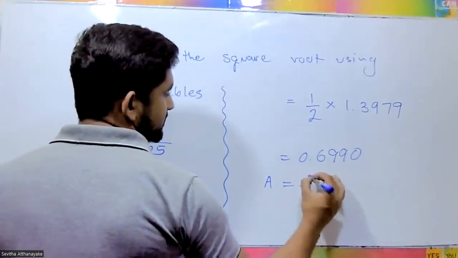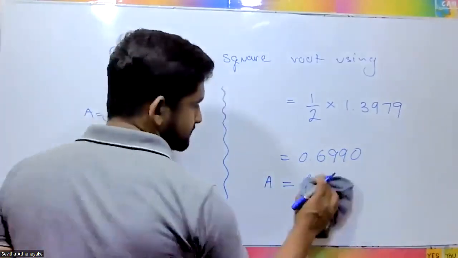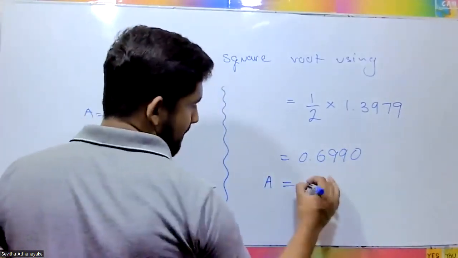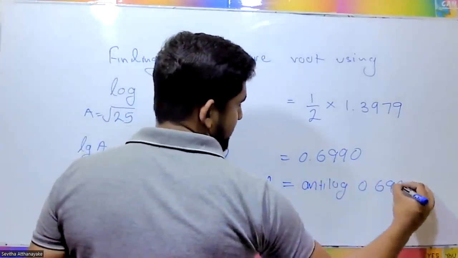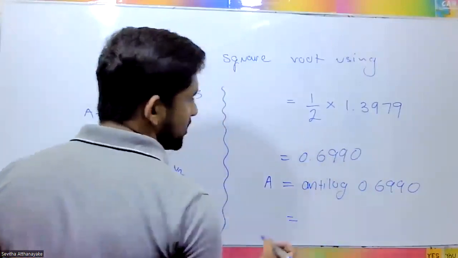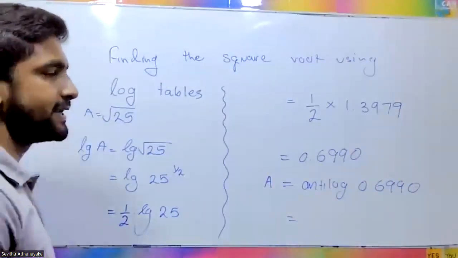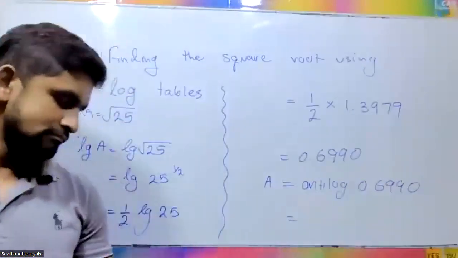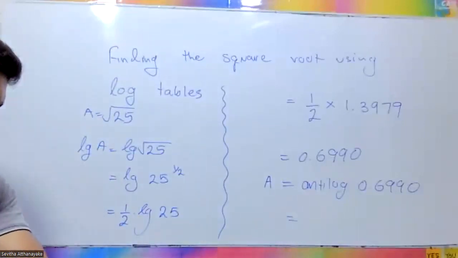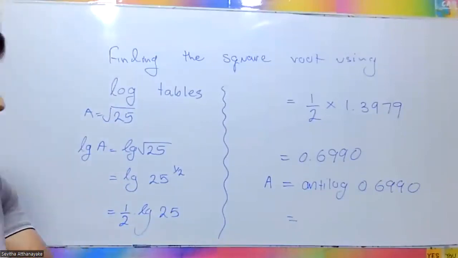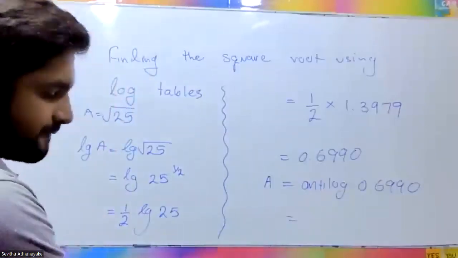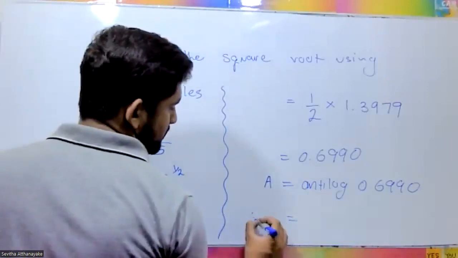Then a equals to antilog 0.6990. Find the value of antilog 0.6990. When you find the antilog value, it will be 5.